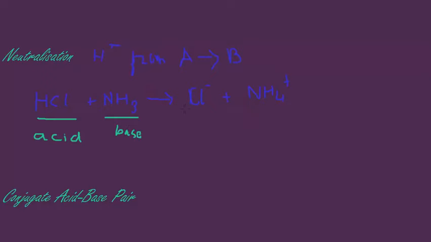And if the reaction also went in reverse, then you can see that the chloride ion would want to accept a proton. And who accepts a proton? A base. So this acts as a conjugate base. And this accepted a proton, and if the reaction went in reverse, then this would want to give out the proton.